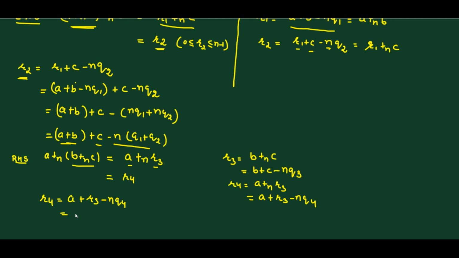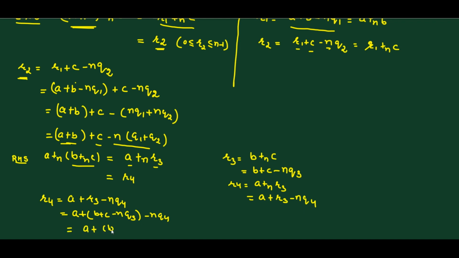Now substitute the value of R3 back. So what is R3? R3 is B plus C minus N Q3. Okay. So again simplify the terms.